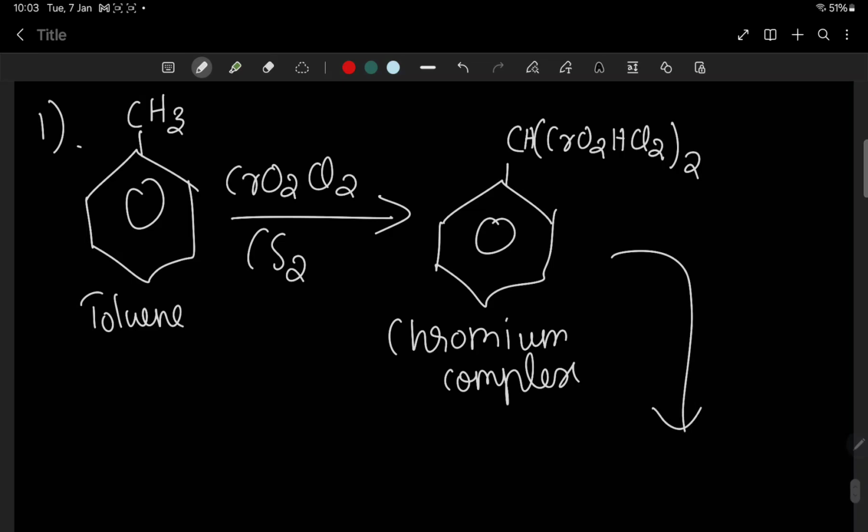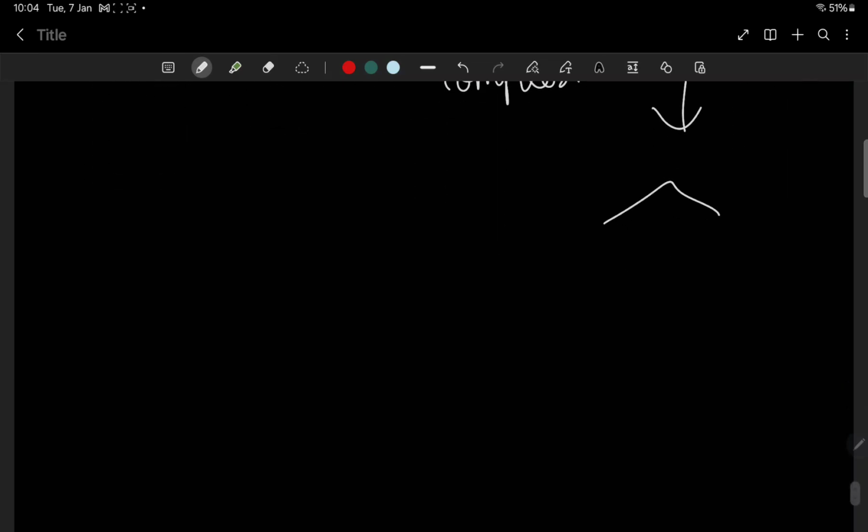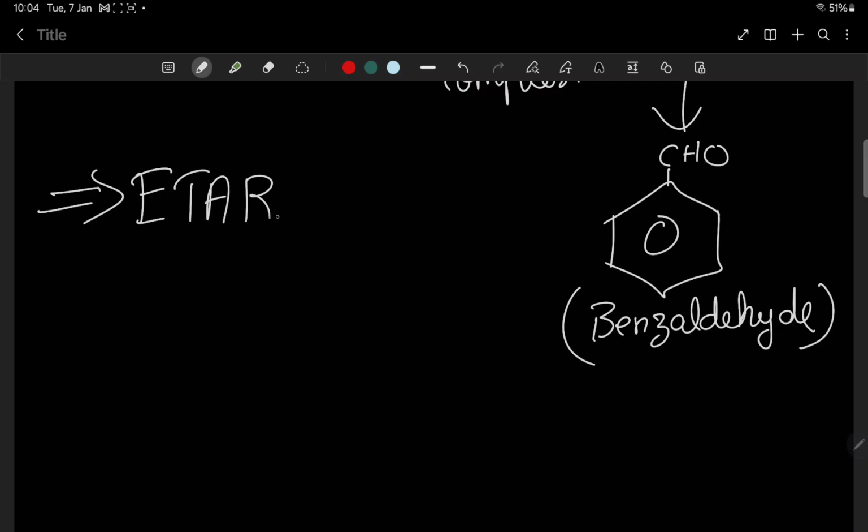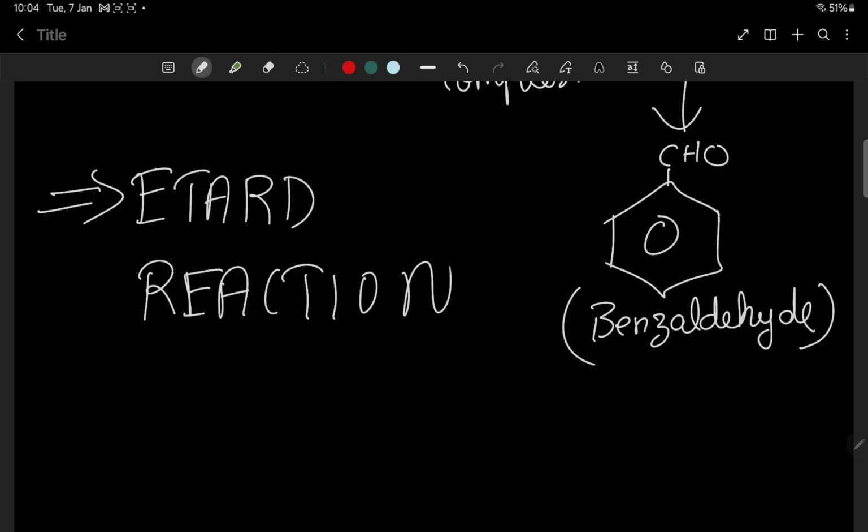Now if we hydrolyze this complex with H3O plus, we get benzaldehyde. This method with the chromium component has a special name, a very important reaction. The name is Etard reaction. So many named reactions are there in this lesson. So this reaction is called Etard reaction.